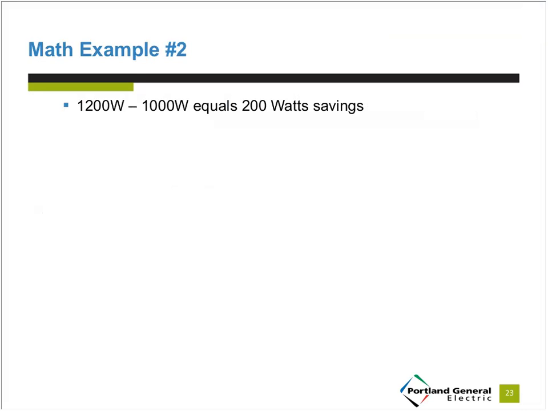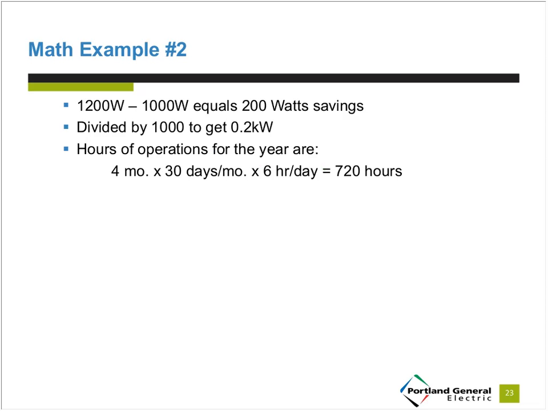So let's find the delta W, 1,200 watts minus 1,000 watts. I will save 200 watts on buying the more efficient equipment. I divide by 1,000, so I know I'm going to save 0.2 kW. The operations hours are 4 months at 30 days at 6 hours, 720 hours a year.